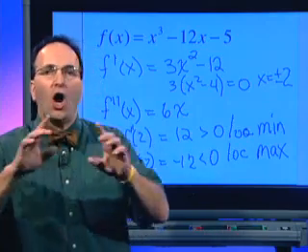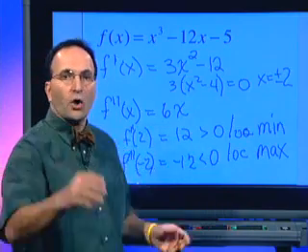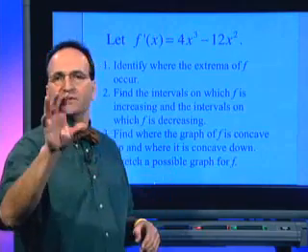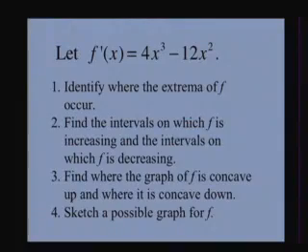Let's use all of the things that we have talked about so far in today's lesson to work an example. We're going to take the function f prime of x, which equals 4x cubed minus 12x squared. So we're starting with the first derivative, and we're going to identify all the extrema of f.